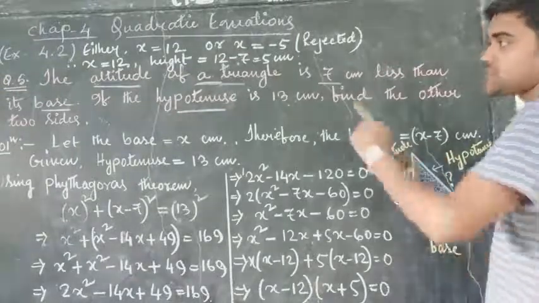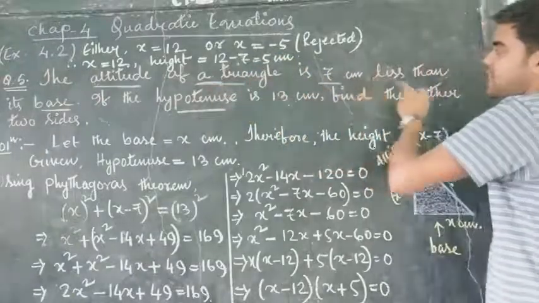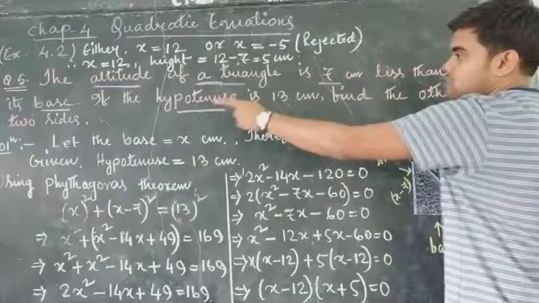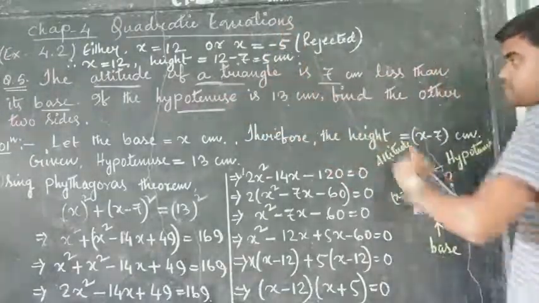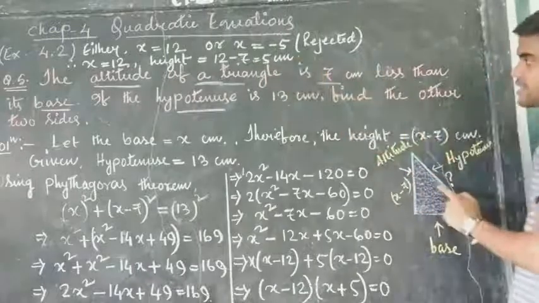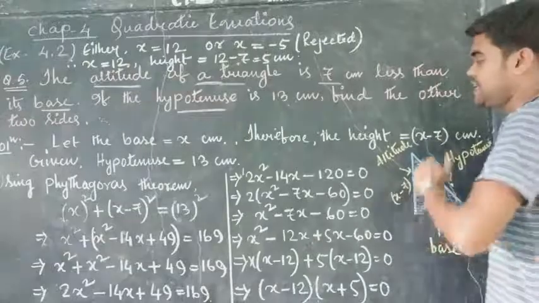Now the question is: the altitude of a triangle is 7 centimeter less than its base. That means the altitude of the right angle triangle is 7 centimeter less than its base.